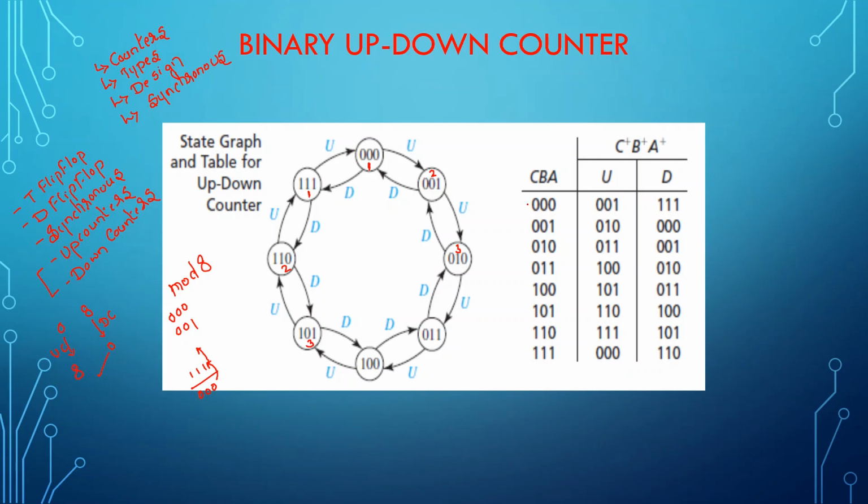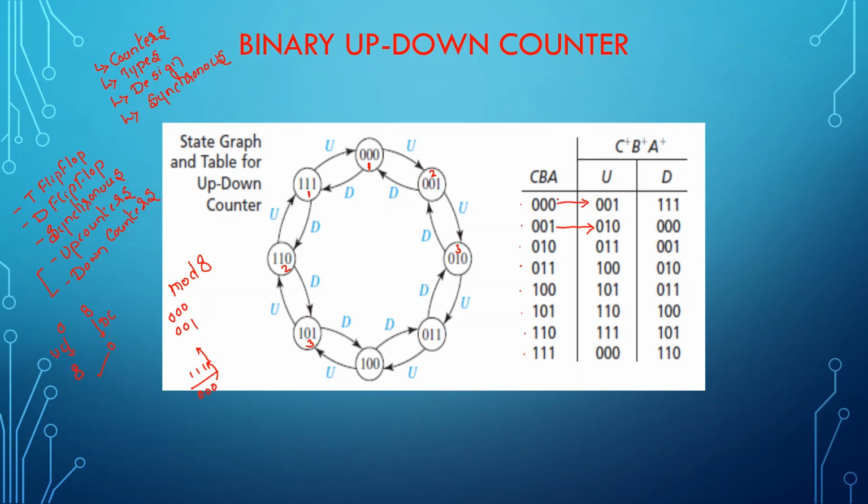Let's say this is your first number: first, second, third, fourth, fifth, sixth, seventh, and eighth. So 8 counts. Here you can see after 000, it is going to be 001. After 001, it is going to be 010, which means the count is going in the upward fashion.